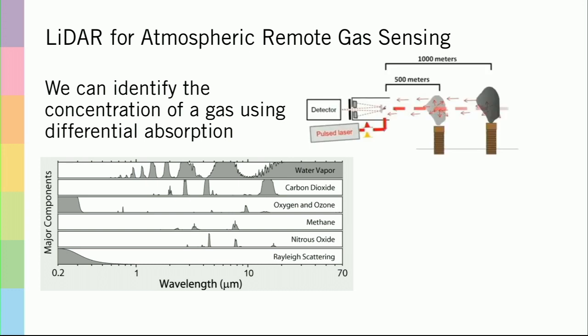To sense gases in LiDAR, let's look at this example, where we have two gas plumes, one closer with a reduced concentration, and one farther away with a stronger concentration. So we use a pulse that's on resonance, so at a wavelength where there's strong absorption, and one off resonance, where there is low absorption.